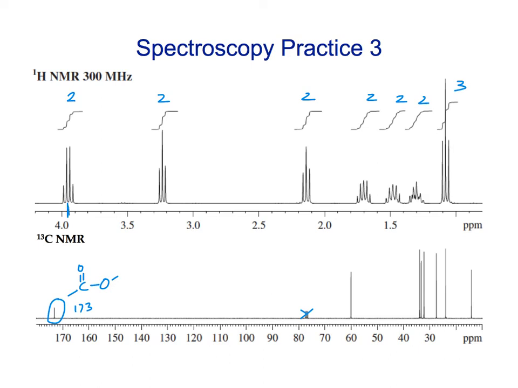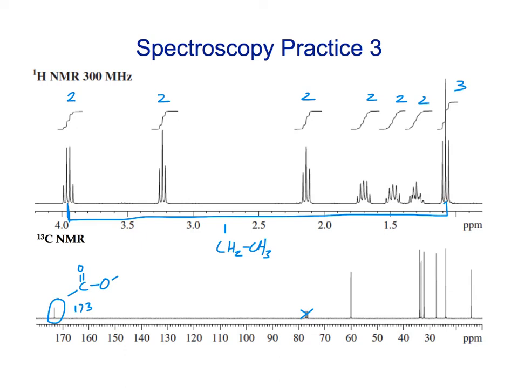This one has to be next to a methyl group. Why? Because it's a quartet, and a quartet is next to a methyl group. So that is a CH2, CH3 group.